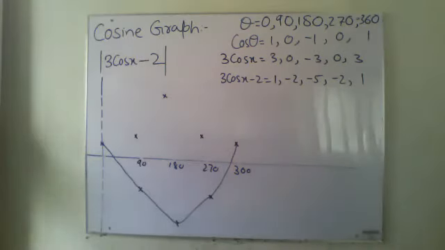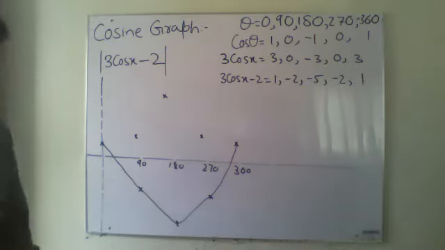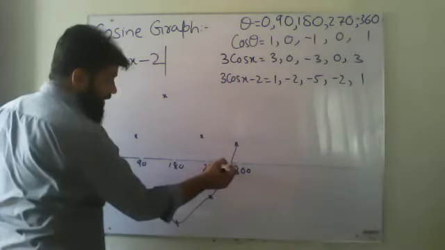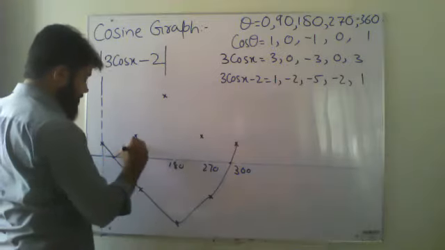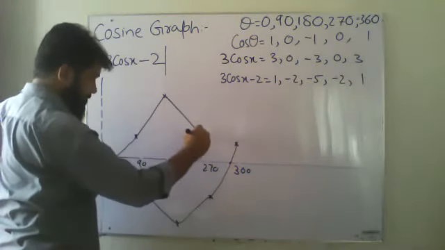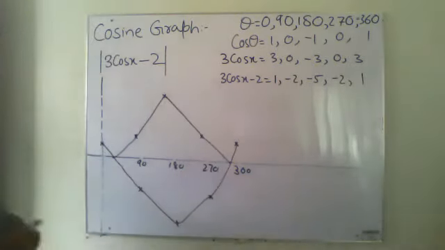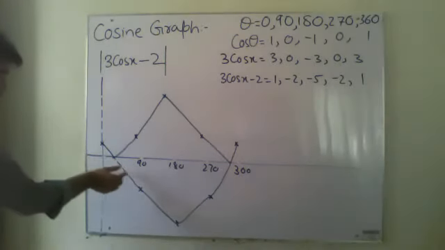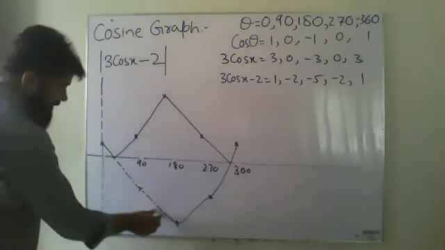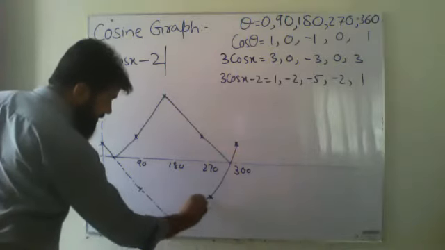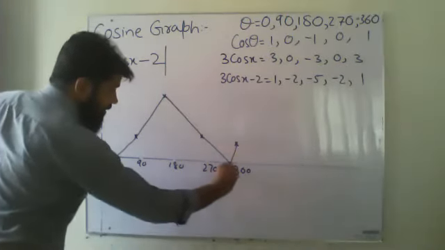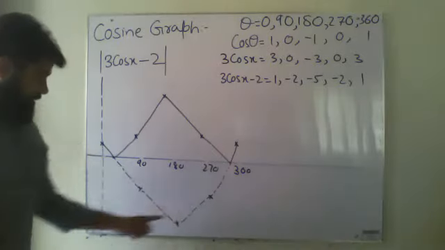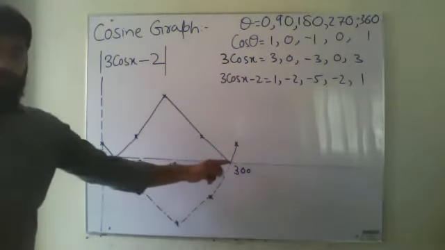Now, from where are you going to connect? The point where it is entering the negative region, from there you are going to connect. So this was your graph without modulus, and this is your graph with modulus.